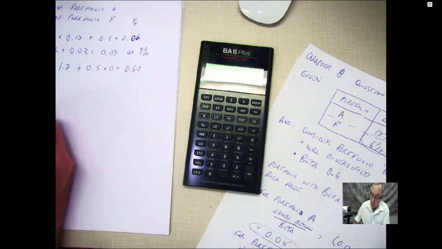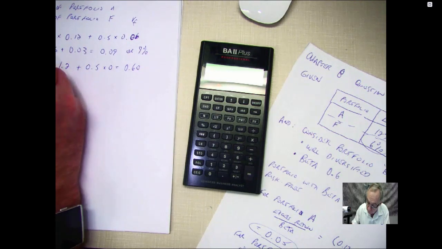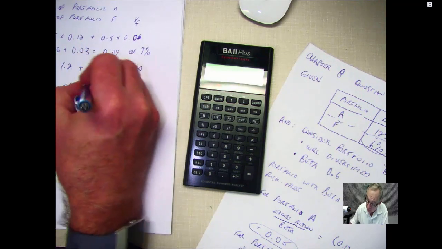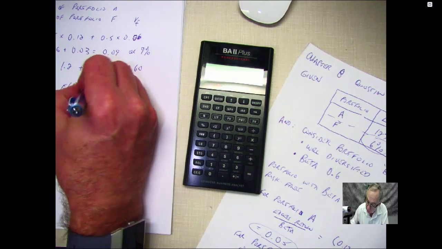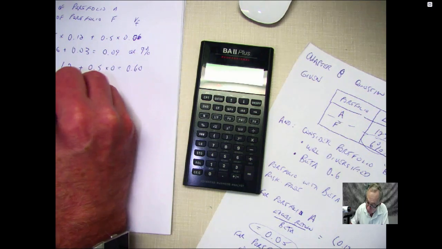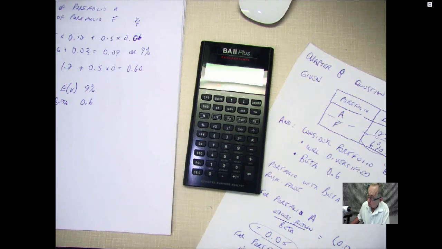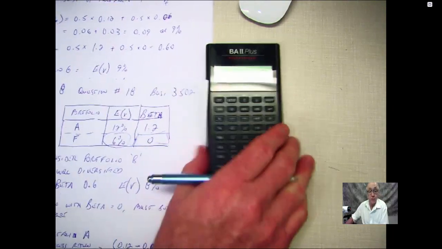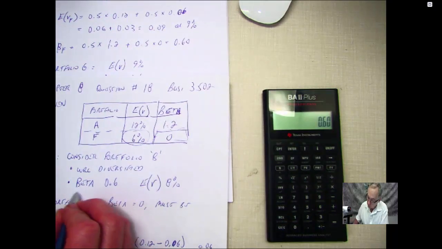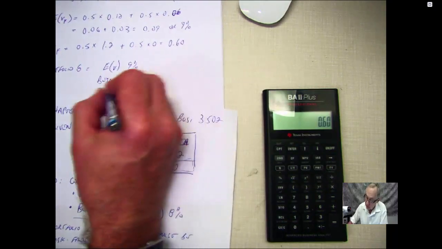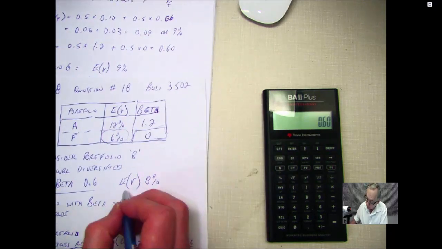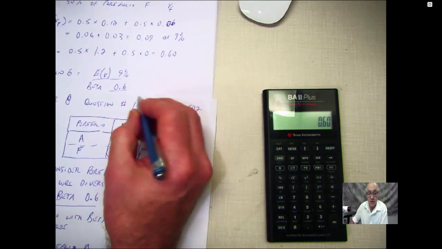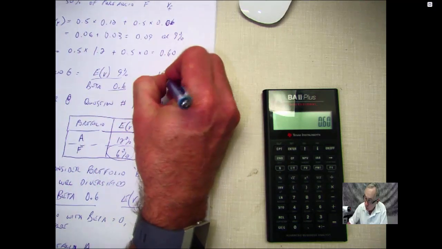So now we have for portfolio G, we have the expected return of 9% and beta 0.6. And how does that look to portfolio B? If we can see this, portfolio B had beta of 0.6, that's the same. Portfolio B had expected return of 8%. Now we have expected return of 9%, so 1% pickup.